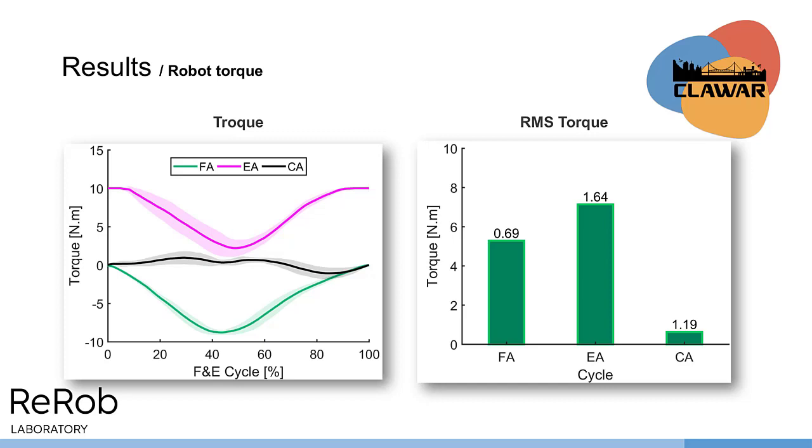In the extension assisting mode, we observe a torque curve with a shape similar to the flexion assisting mode. However, in this case, the torque applied by the exoskeleton initially exceeds zero because the knee started in a flexed position. As the user extended his knee, the exoskeleton decreased the applied torque to nearly zero upon reaching maximum extension.